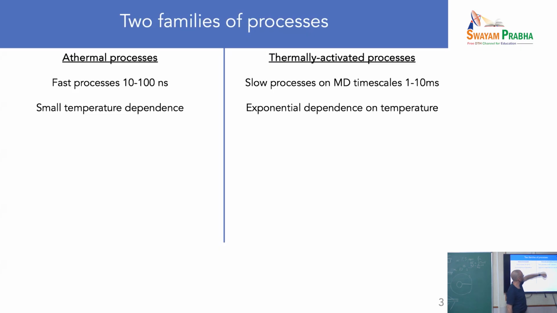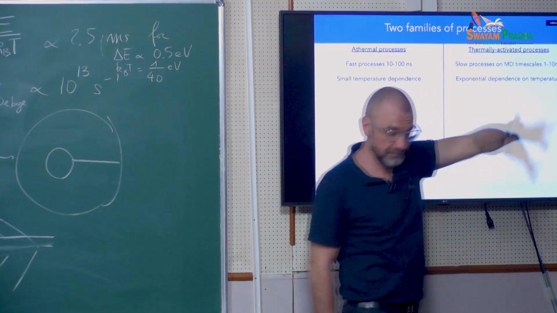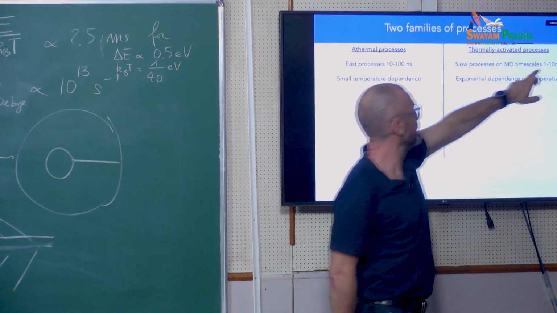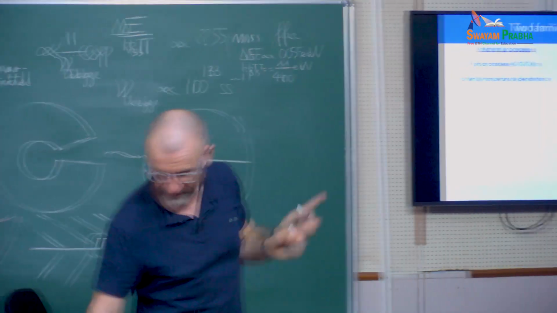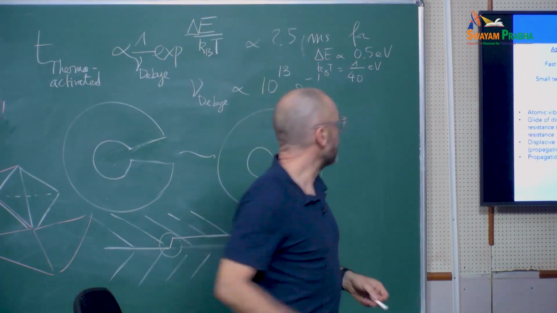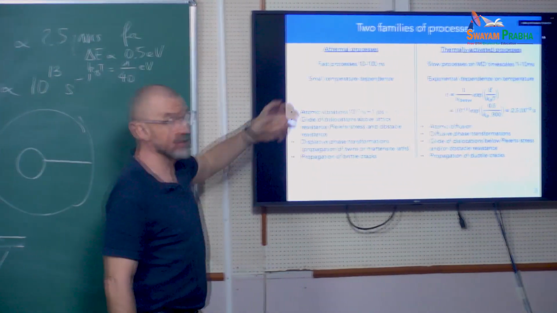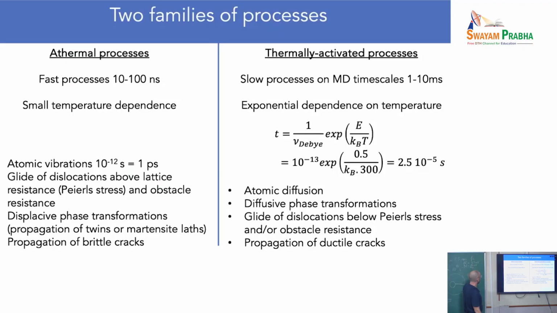The thermally activated processes have time scales anywhere between 1 to 10 milliseconds, seconds, even more, and they have an exponential dependence on temperature that we have talked about. So examples: atomic vibrations are not thermally activated, and we said they occur on the order of 10 to the 12 or 13.